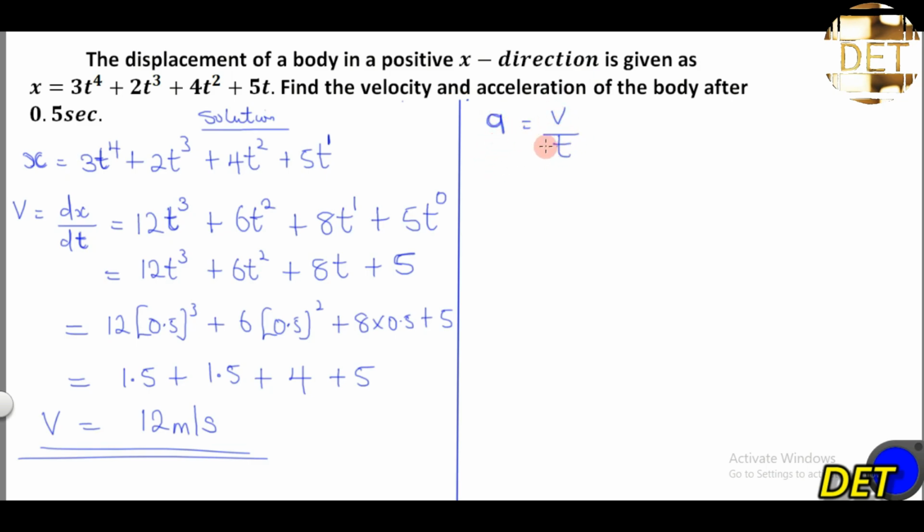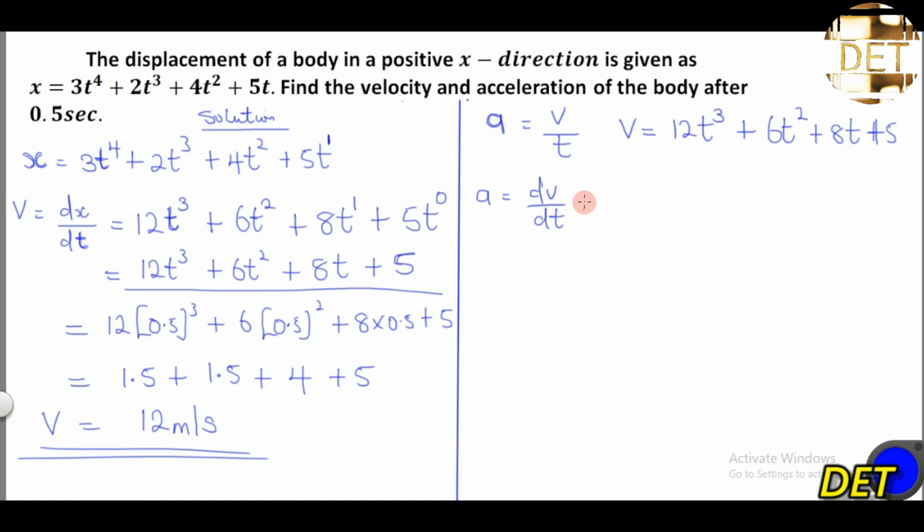So since we were given that the velocity is equal to 12t raised to the power of 3 plus 6t raised to the power of 2 plus 8t plus 5, our acceleration will be equal to dv over dt, which is the change in v over t, right? So we're going to differentiate v with respect to t here, using the general principle of differentiation.